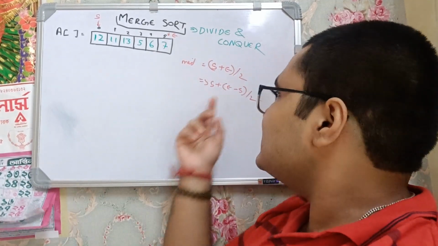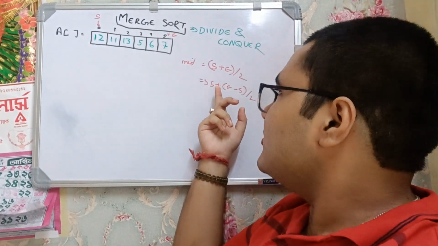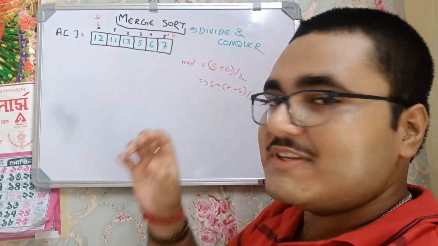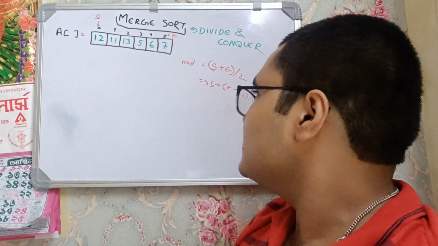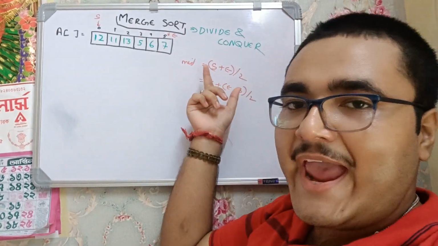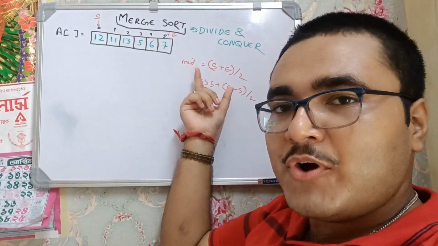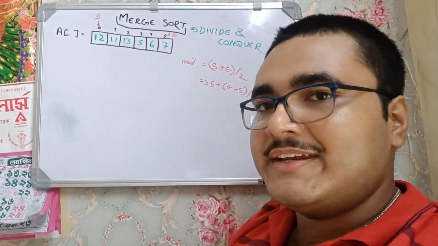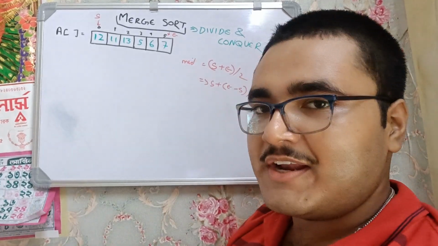This is nothing but an optimized form, because if the start and end values are too large, if the size of the array is very huge, then when I am adding, the result may cross the range of the data type that we are using.